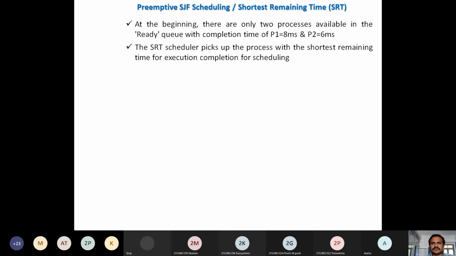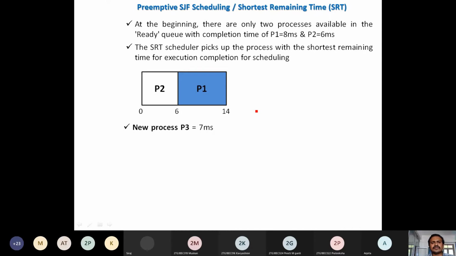Obviously, it is P2 first, P1 next. So P2 is scheduled first for its completion time, 0 to 6 milliseconds. Then comes P1, which executes for 8 milliseconds after completion of P2. By the queue content, you can clearly observe this.